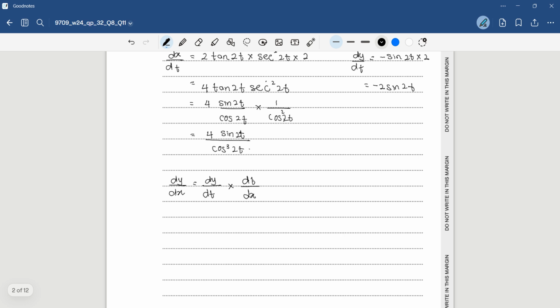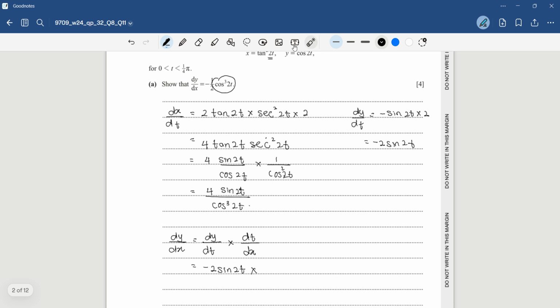So it's going to be dy/dt, which is negative 2 sine 2t, multiplied by dt/dx. Dt/dx is 1 over dx/dt, so from the equation here, 1 over this will be cos cubed 2t over 4 sine 2t.